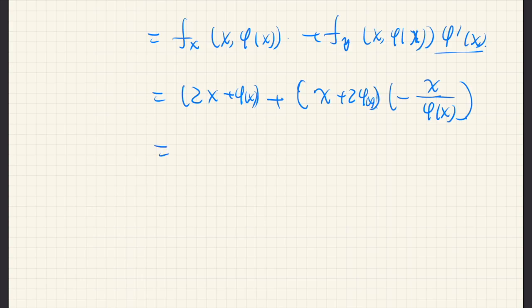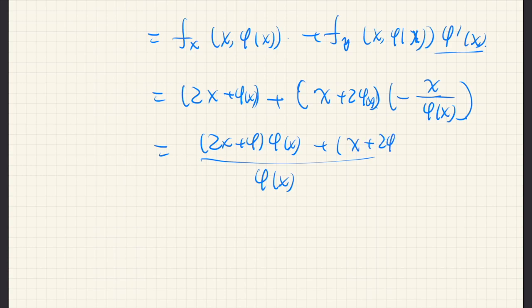So let's simplify a little bit. What do we have here? It's phi of x here, and 2x plus phi of x, plus x plus 2 phi of x.